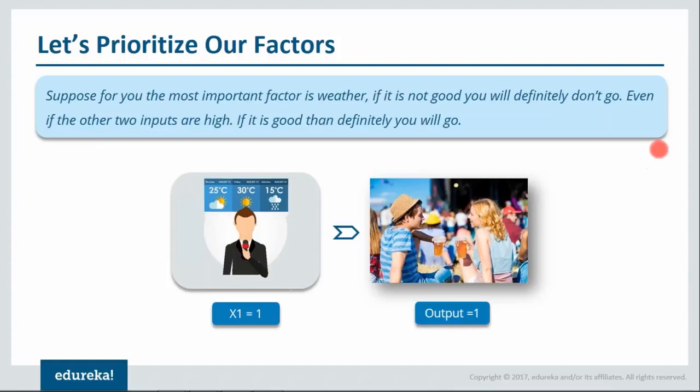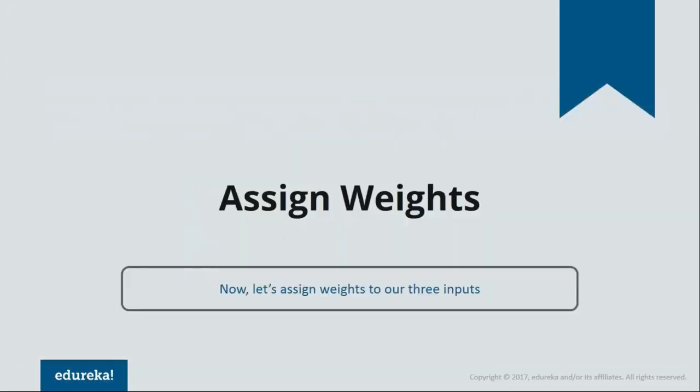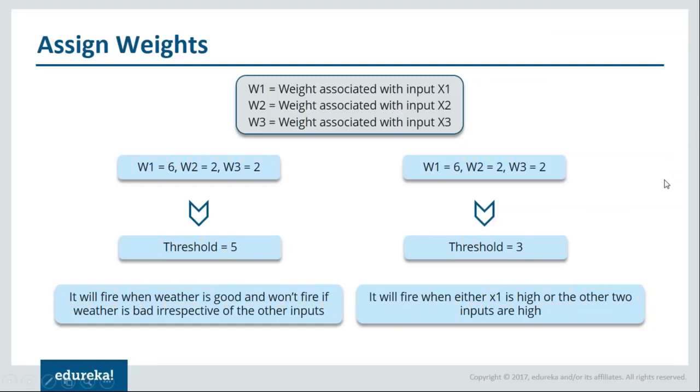So how do we actually prioritize our factors, or give more importance to a particular input and less to another input in a perceptron or in a neuron? We do that by using weights. We assign high weights to the more important inputs, and low weights to those inputs which are not that important for us. So let's assign weights, guys. Weight W1 is associated with input X1, W2 with X2, and similarly W3 with X3.